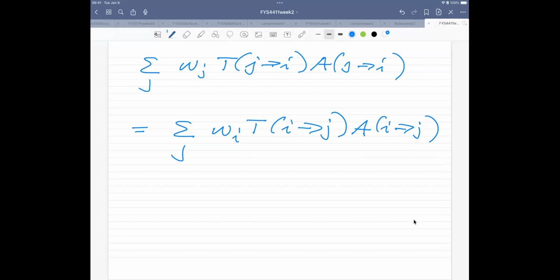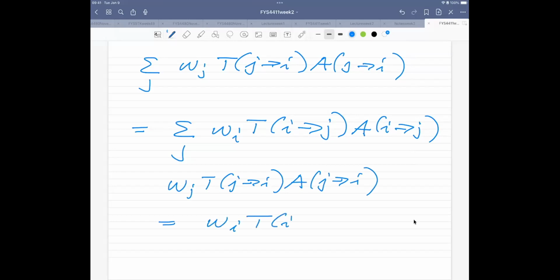But there is a mathematically more, how should we call it, necessary and sufficient condition of detail balance or condition balance, and that is our setting of W_j T(j→i) A(j→i) being equal to W_i T(i→j) A(i→j).